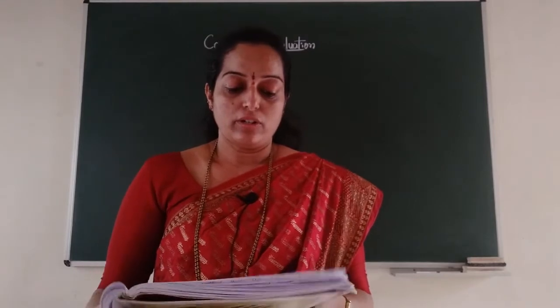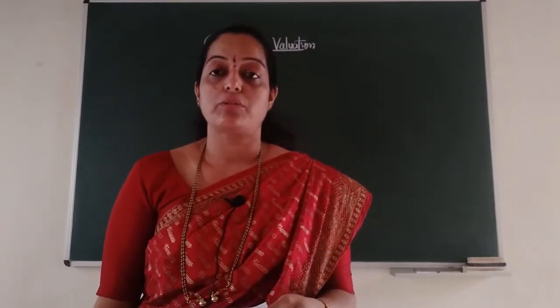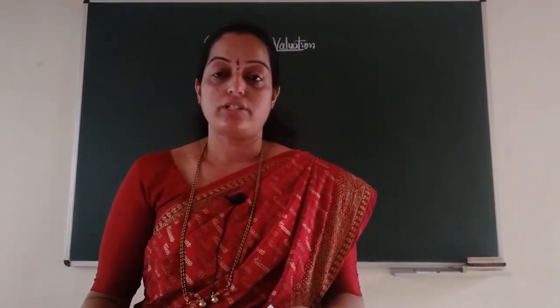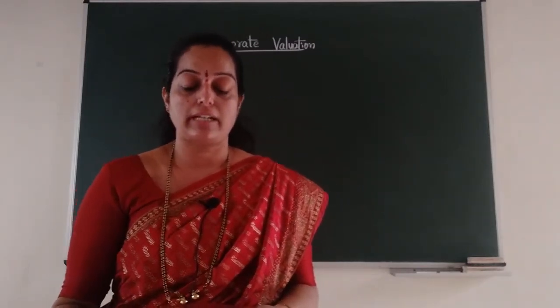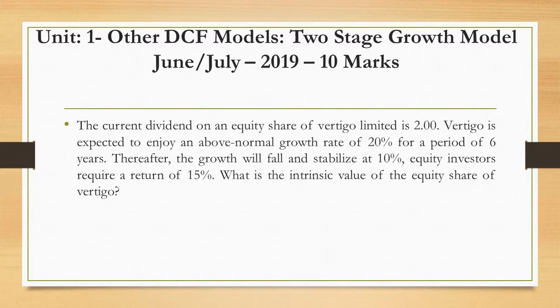Okay, so we will consider the two-stage growth model. The question says like this. This is the question asked in June-July 2019, a 10 marks question. The current dividend on an equity share of Vertigo Limited is 2.00.